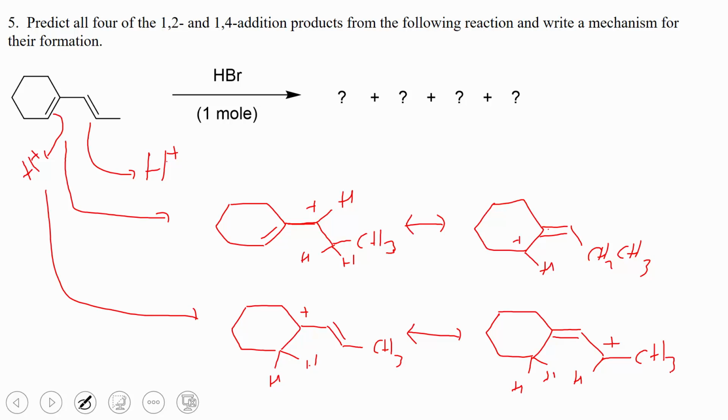Our actual compounds are the compounds that come from just adding bromine to each of these resonance forms, okay? So we're going to have bromine here. We'll just have it add to the carbocation. So one of our final products is going to be that.